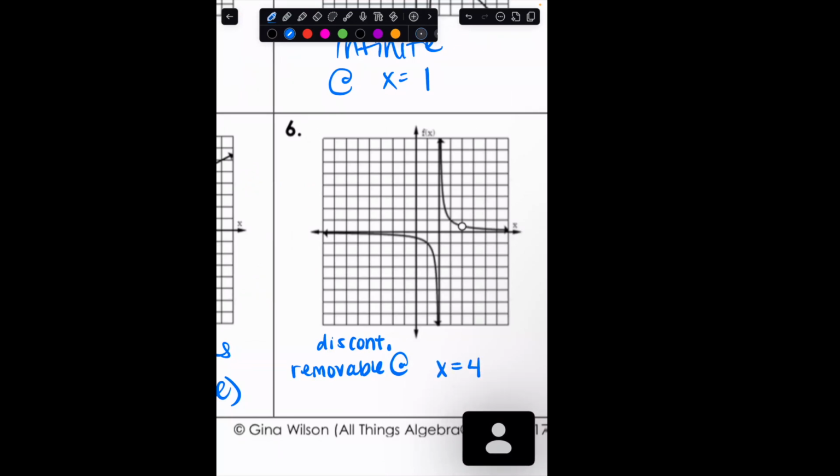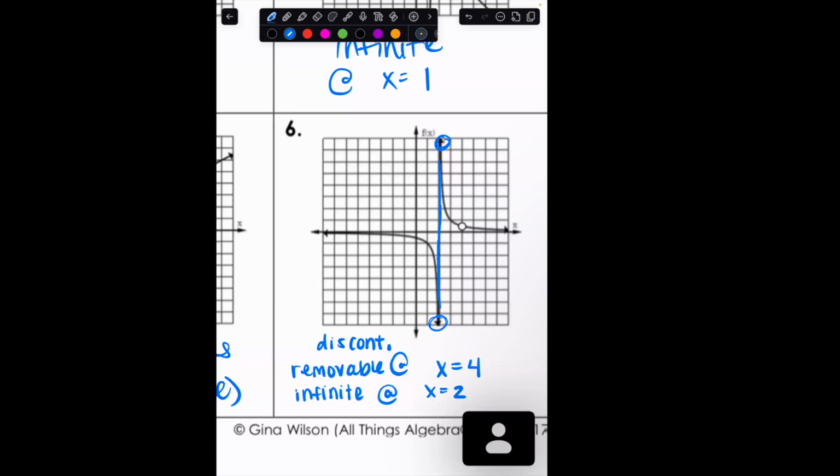And then this one is kind of hard to see here, but because of this arrow right here and this arrow right here, there is a line here, which is kind of weird. This is giving me a little bit of a pause. But because I know that arrow is going down, I'm going to say that there is an infinite discontinuity at x equals 2 as well.